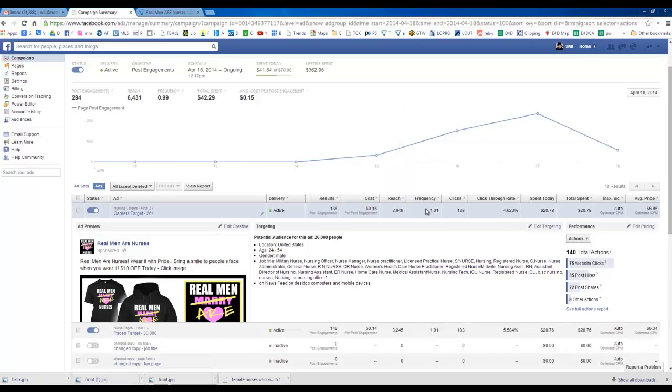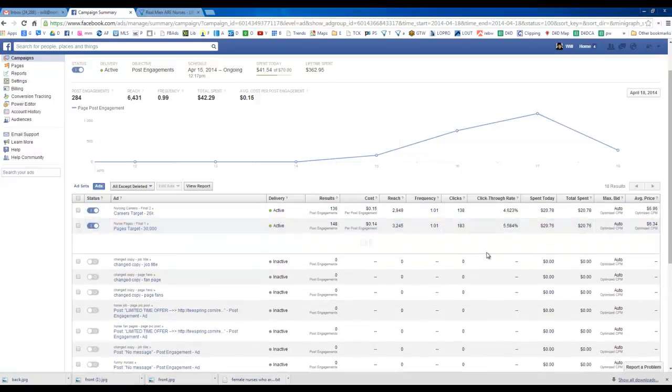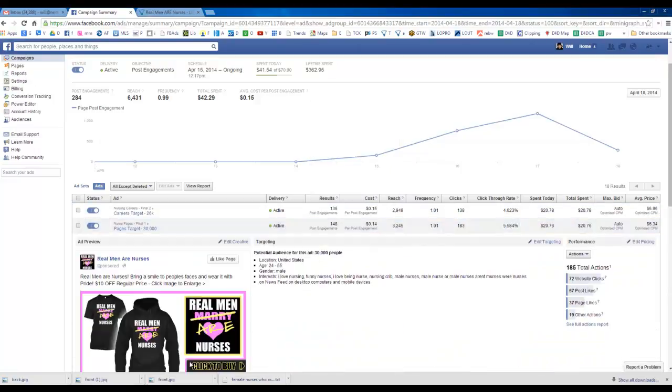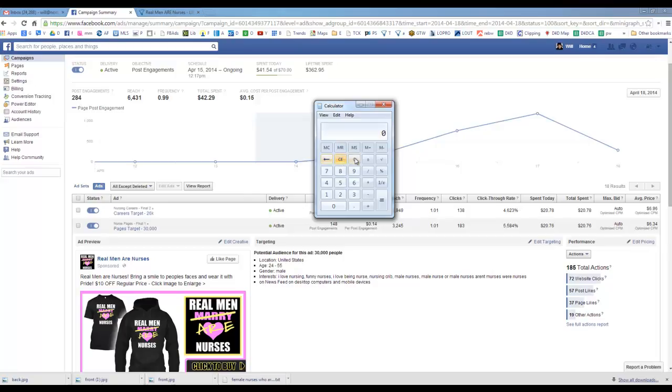And then let's see our other one. 27 cents there, and this one is 20.76. Look at that, running neck and neck, Facebook's doing a good job of splitting our traffic. So 20.76 divided by 72, so 27 and 28 cents. They're running pretty close to each other.